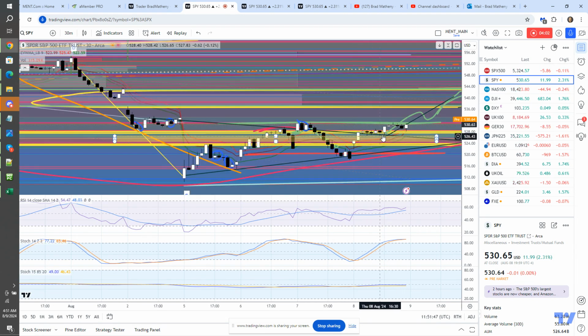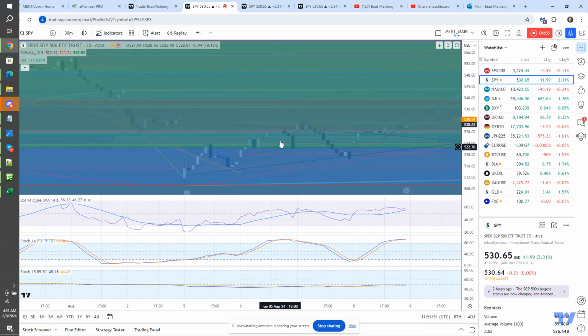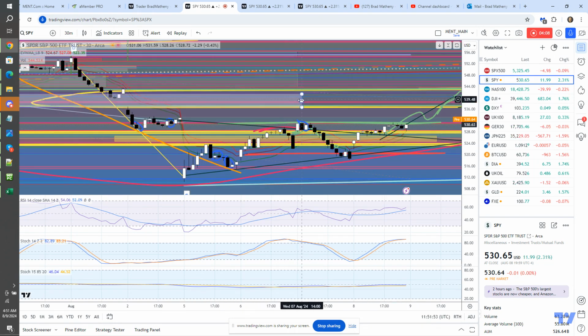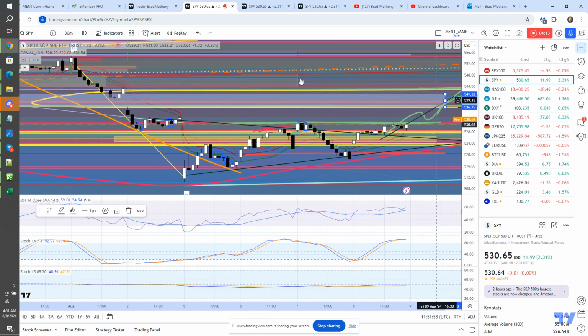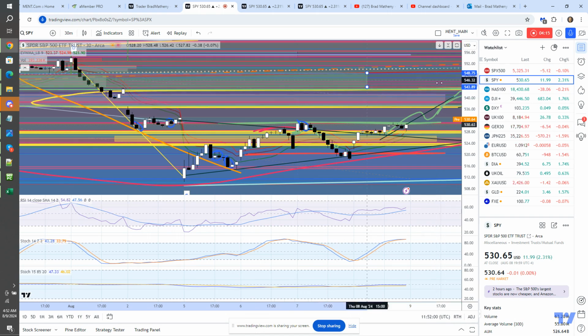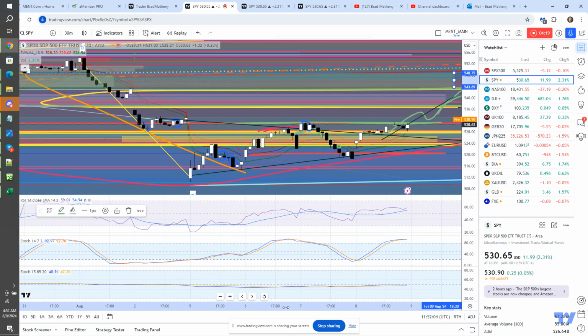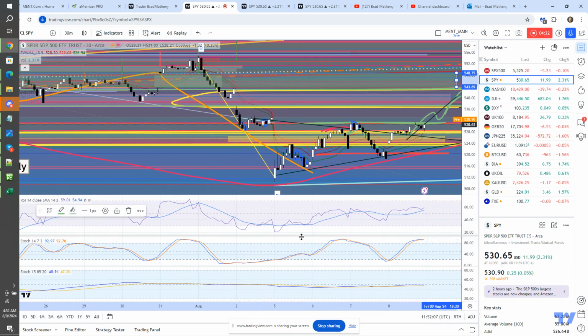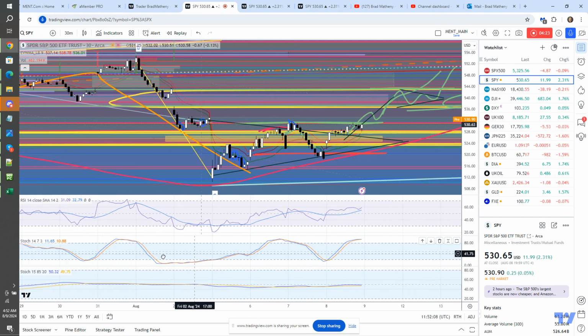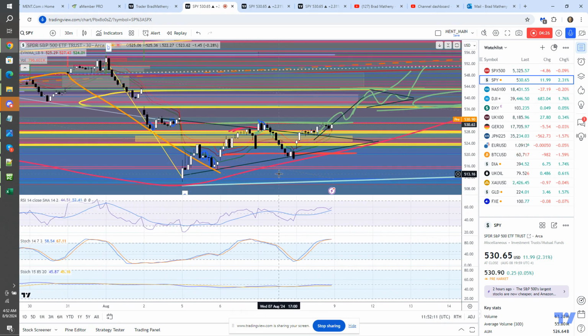Well, the bias is to the upside because we're really pulling off this bottom, trying to really revert back up like into this area, 539, upwards up here into this 546 area. Prices trying to revert higher off of this low. In fact, I'll get rid of those indicators real quick.